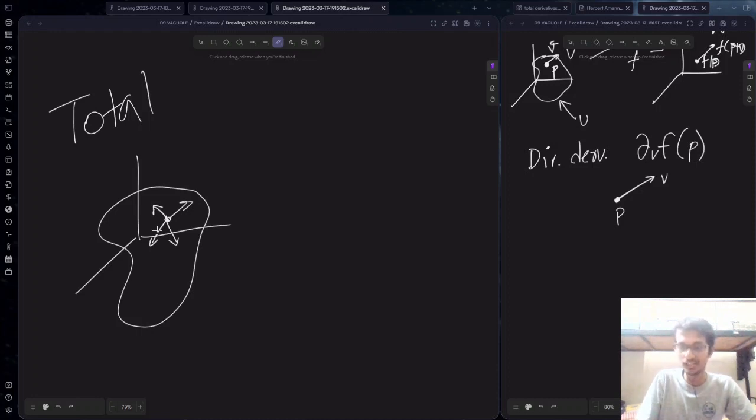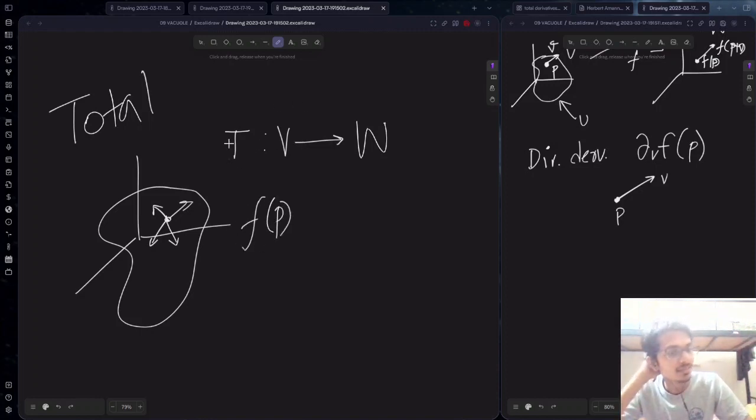So if I want to take all the directions together, I have to take some function that goes from V, so all the directions, to W, and this should be approximating the function at that point or something. This should be the first order approximation. The approximation should look something like first order and linear, maybe.